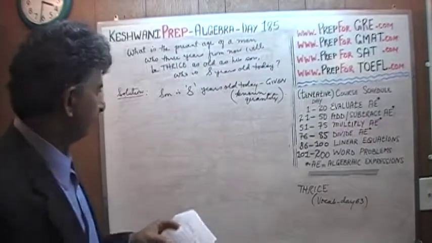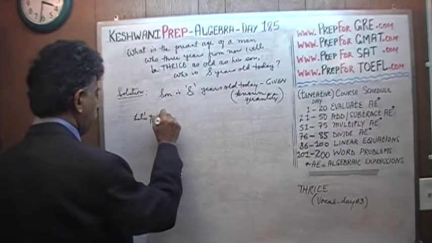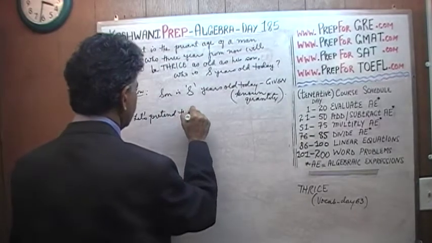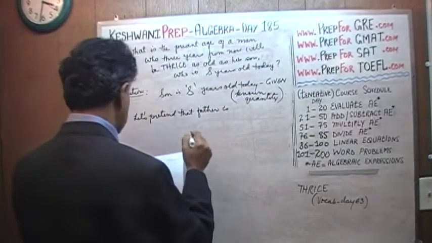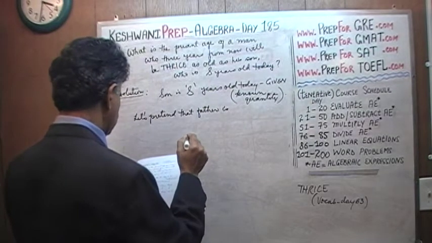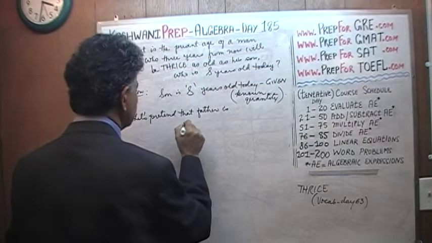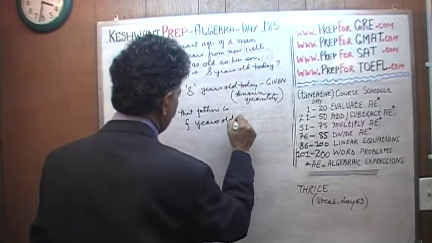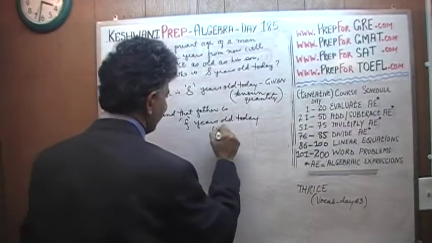So let's pretend that father is F years old today. This is the unknown.